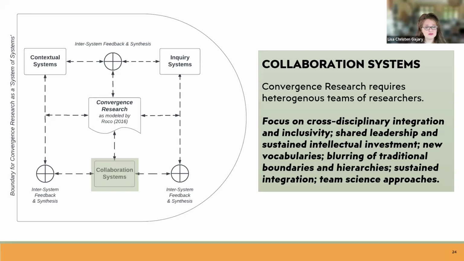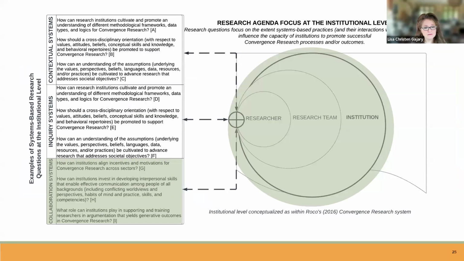And for convergence research, for the next slide, what that means on a broader institutional level of analysis, some of the questions that can be approached to understand that better are: what factors enhance an institution's flexibility to adapt successfully to these different task contexts?